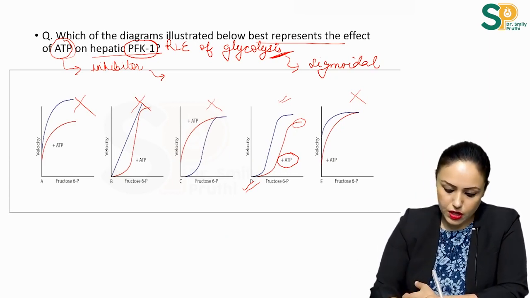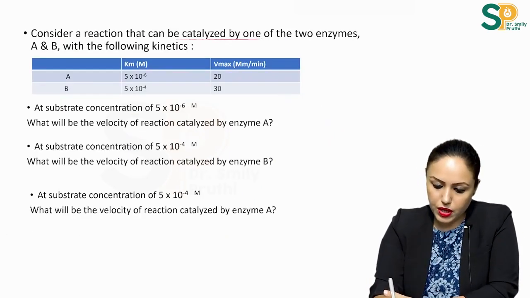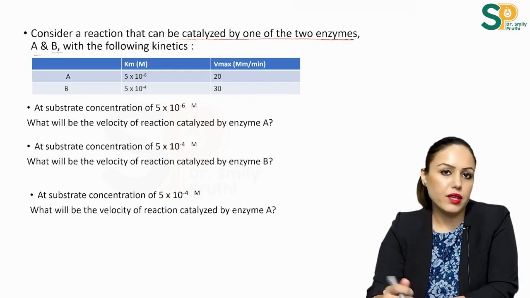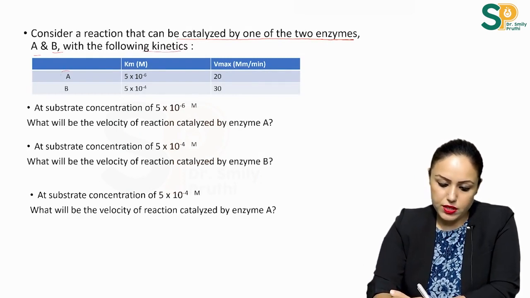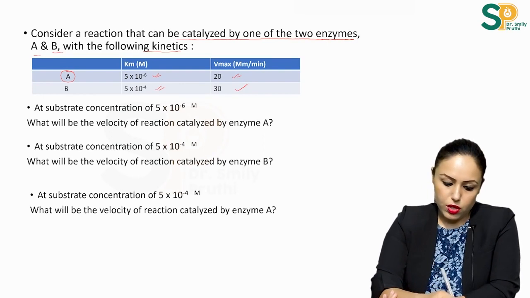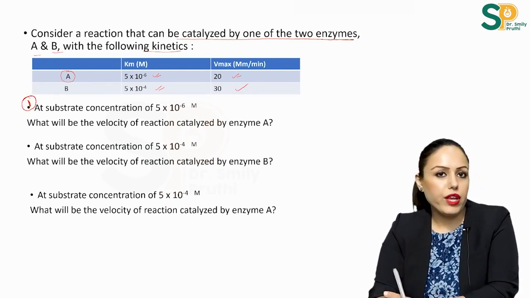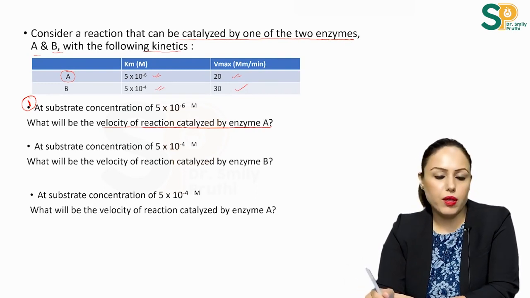Okay. Then next question. Consider a reaction that can be catalyzed by one of two enzymes, enzyme A and enzyme B, with the following kinetics. For enzyme A, Km is given, Vmax is given, and it is given for enzyme B also. So question number 1, at a substrate concentration of 5 into 10 to the power minus 6, what will be the velocity of the reaction catalyzed by enzyme A?